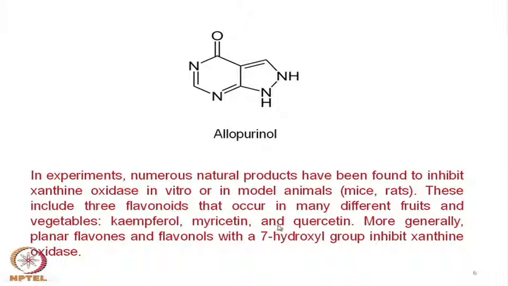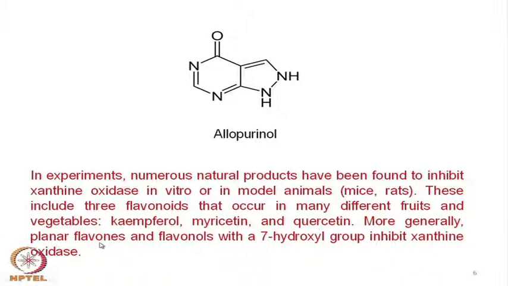Once they coordinate, if their binding constant is pretty high compared to the binding of the corresponding xanthine molecule, these molecules can inhibit the activity of xanthine oxidase. So, they can function very well as good and useful enzyme inhibitors.